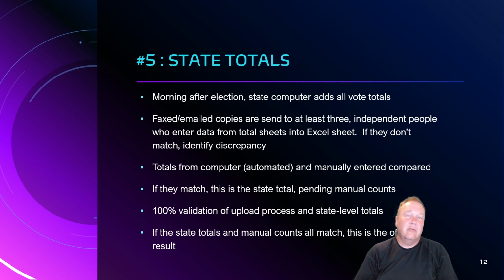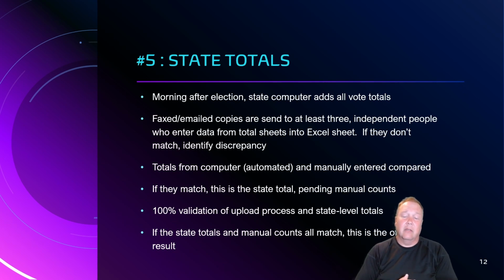Okay, so now we've also validated that the state computer added correctly. Otherwise, yeah, we knew the stuff was getting to the state computer correctly, but now we've verified the state actually got it and processed it right and added everything up right. So if everything matches, you're done. That's the state process, as long as they also matched up with the manual counts.